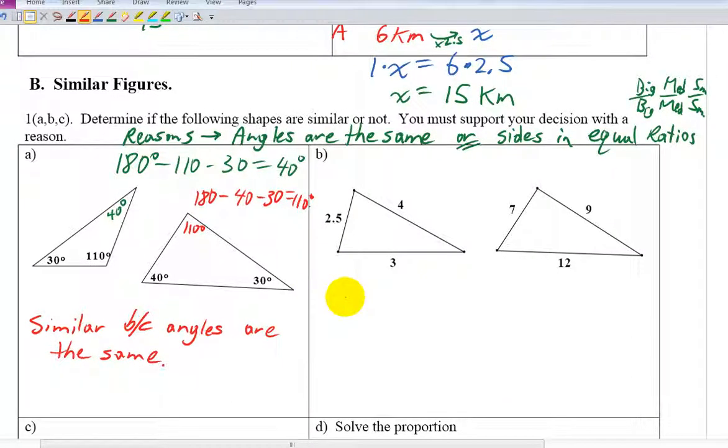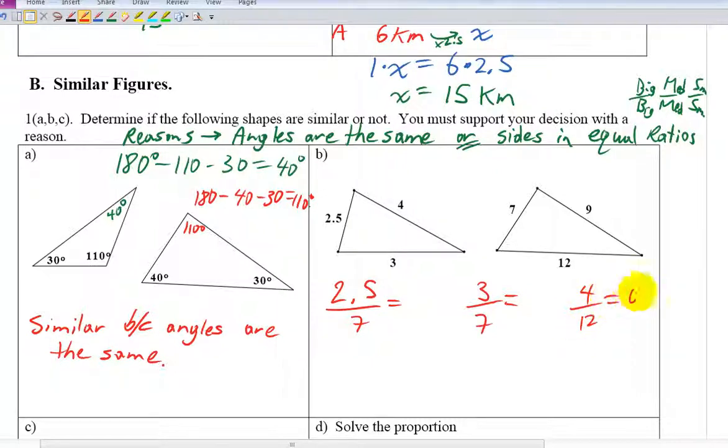What about the next two? So I'm going to line up 2.5, the smallest side, with the smallest side of 7. I'm going to line up 3, the middle side, with 7, the middle side. I'm going to line up 4 with the large side.